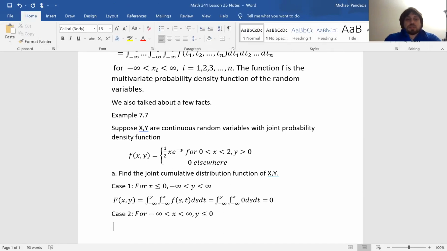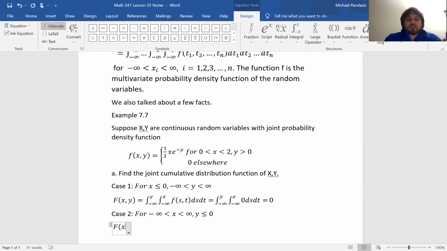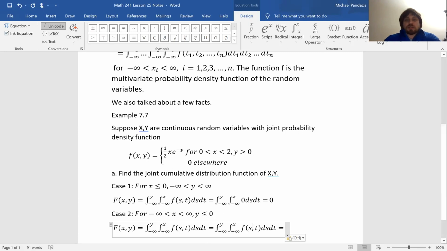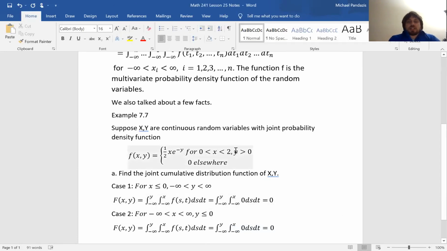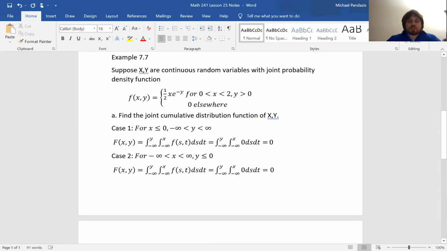For case 2, the cumulative distribution function capital F is again 0. That's because y is less than or equal to 0, and if you're going up to a y that's at most 0, little f there is 0.